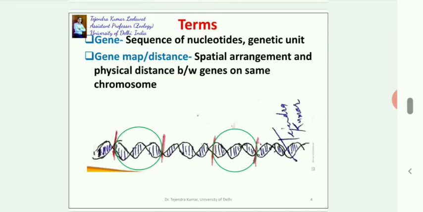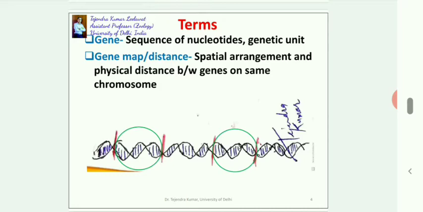Suppose here, as I have given you a diagram, here is a strand of DNA, and you can easily identify two parts, encircled with green color and also cut-marked with red color.